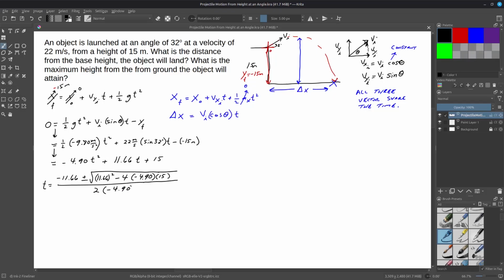Over 2 times negative 4.90. And you're going to have t equals a negative number, negative 0.926 seconds.